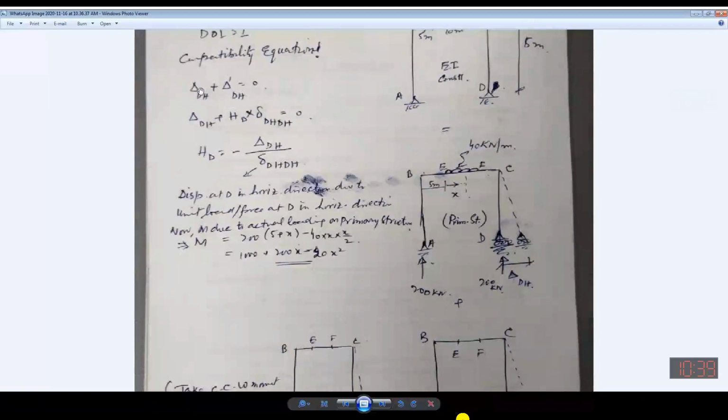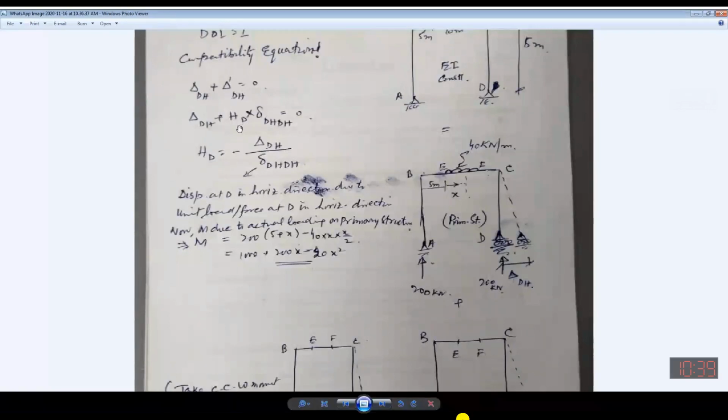This is the displacement at point D in the horizontal direction, plus, if you remember the definition of stiffness or flexibility, the displacement or deformation will be equal to the flexibility multiplied by the force.